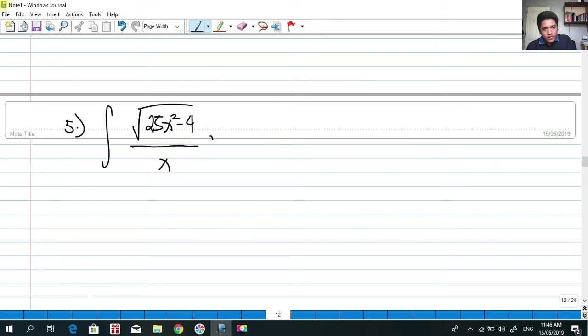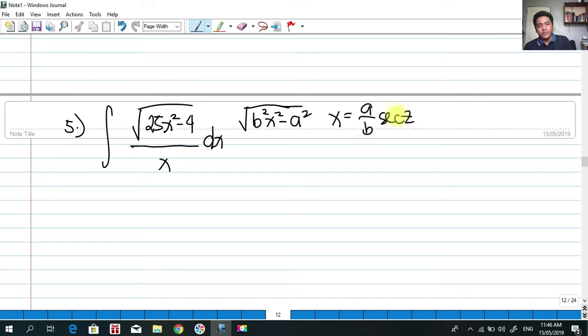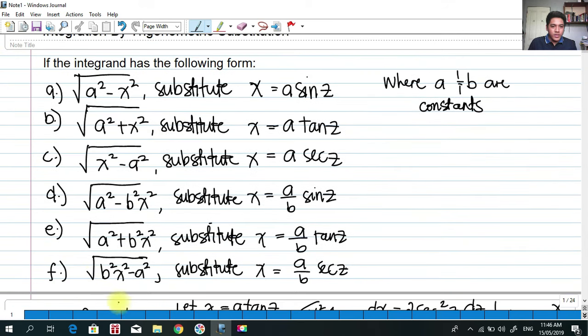As you can see, this has the form of the square root of b squared x squared minus a squared. If we go back to our formula, we would be using x equals a over b secant of z. So going back to our formula, that should be this.